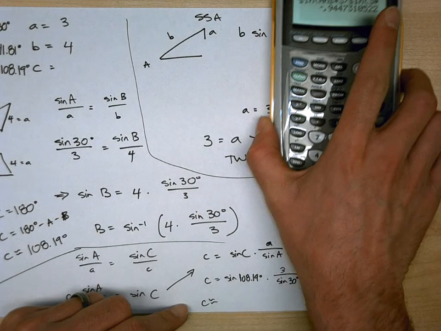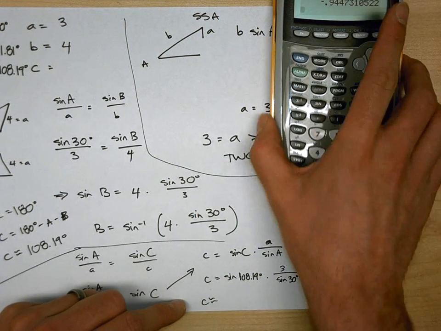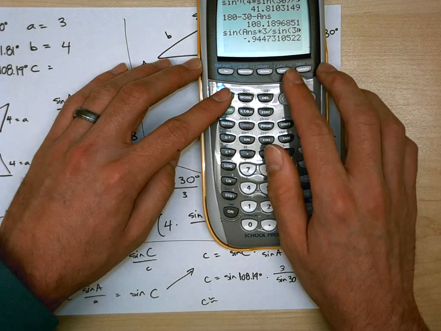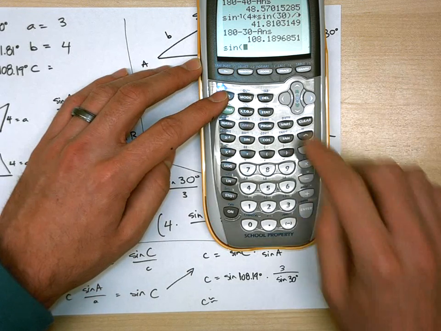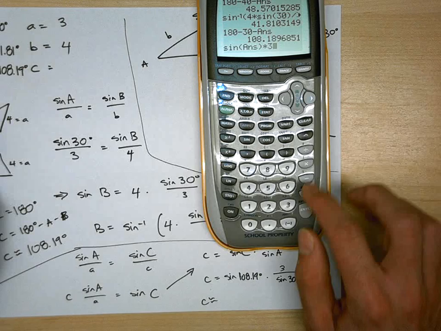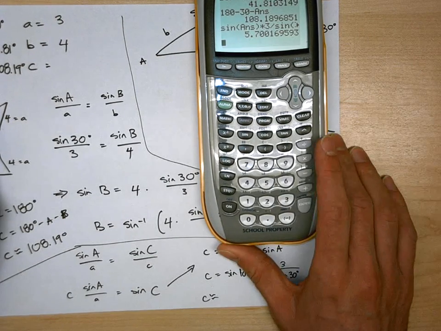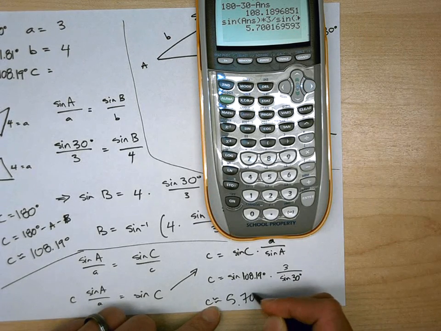And that gives me, whoops, what happened there? Oh, I forgot to close my parentheses. So let's clear this one out. So we have sine of answer, close the parentheses, don't take the sine of the whole thing, times 3 divided by sine of 30. And we end up with 5.700. Let's just put 5.70.